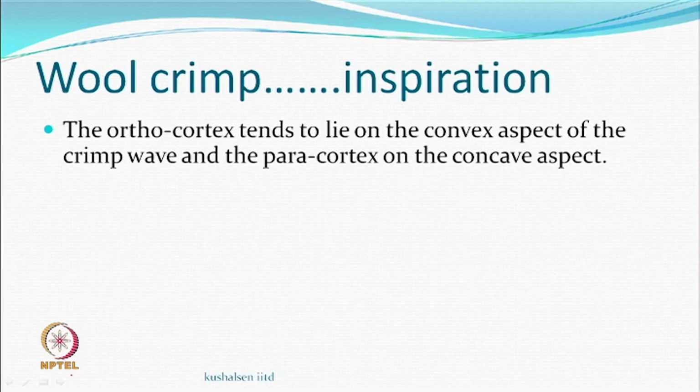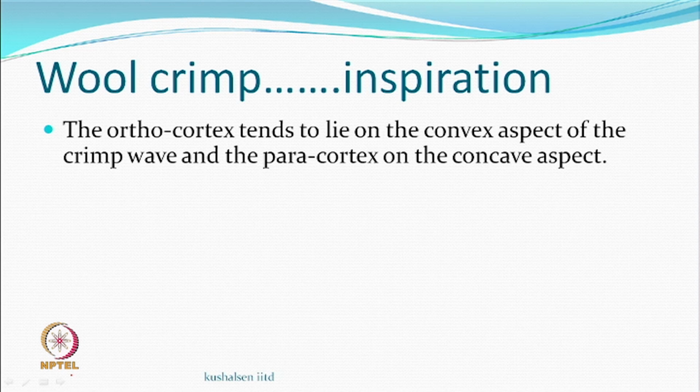So, one could think of wool as an interesting material because it has crimps. This you may have studied in your undergraduate, that in the structure, the main part, which is called the cortex, has two types of corticular cells, one called the orthocortex and the other called the paracortex.